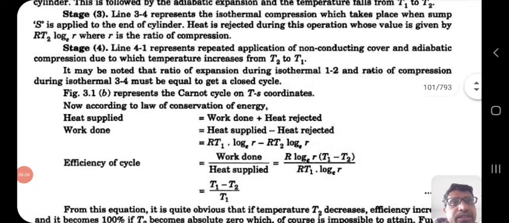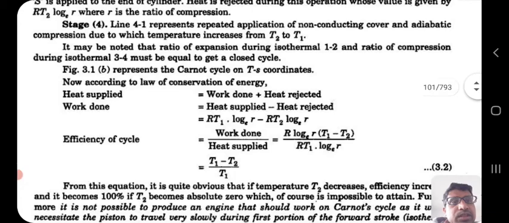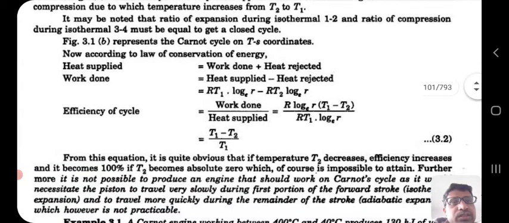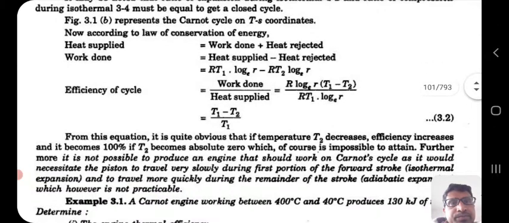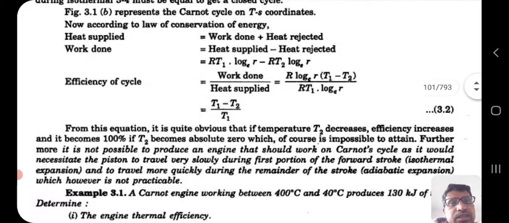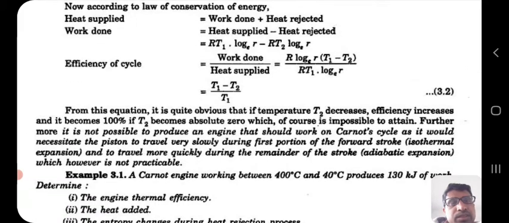It may be noted that ratio of expansion during isothermal 1-2 and the ratio of compression during isothermal 3-4 must be equal to get a closed cycle. Now, according to law of conservation of energy, heat supplied is the work done plus heat rejected.